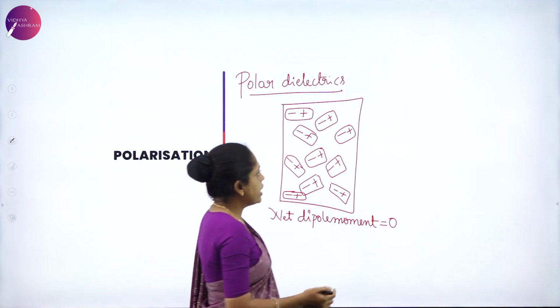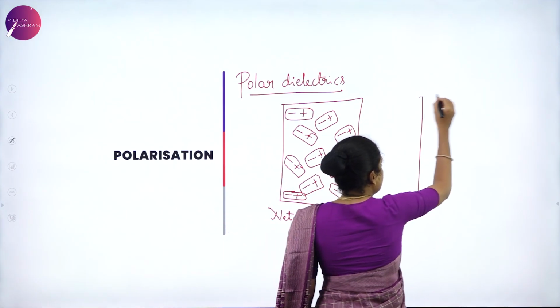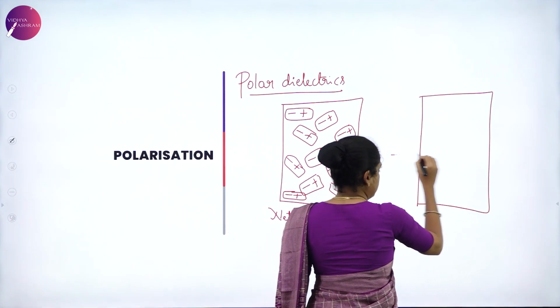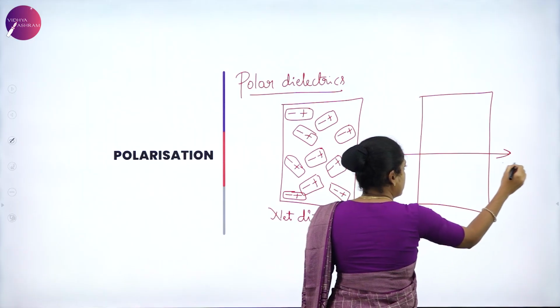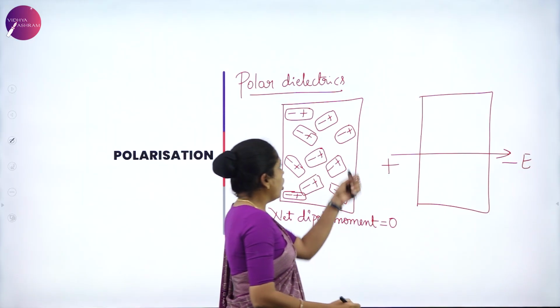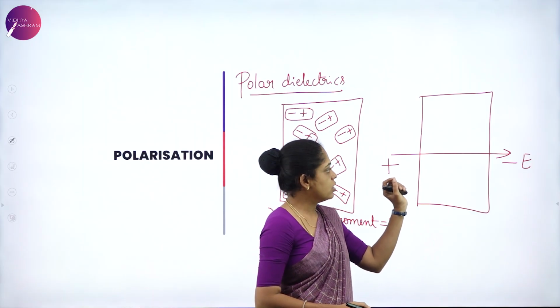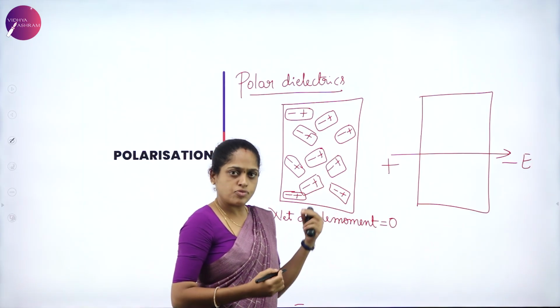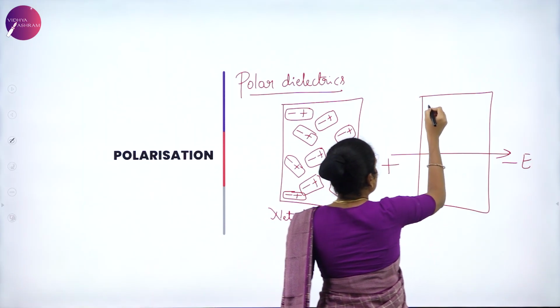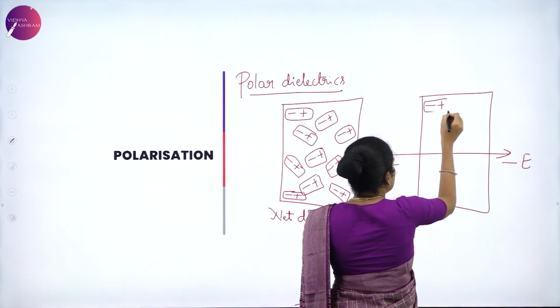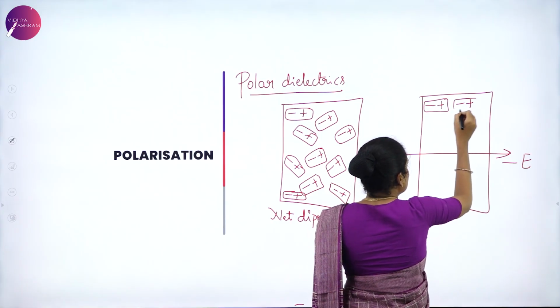Now, after applying an electric field to this polar dielectric, all these charges are under the electric field. Therefore, they experience force. Due to that force, they start to align in one direction.